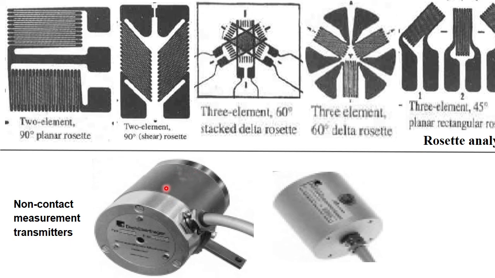Usually, there are some mercury-dipped contact surfaces through which we can take out some signal from the stationary part. Usually they are mounted at the end of the shaft. Or there can be some radio transmission sort of thing. That is also possible.